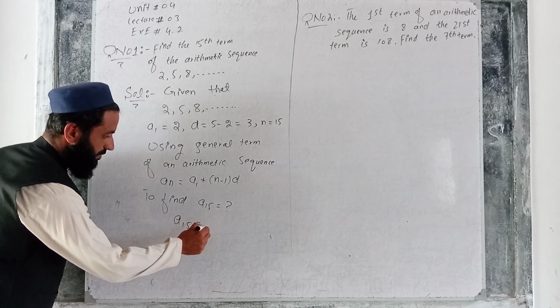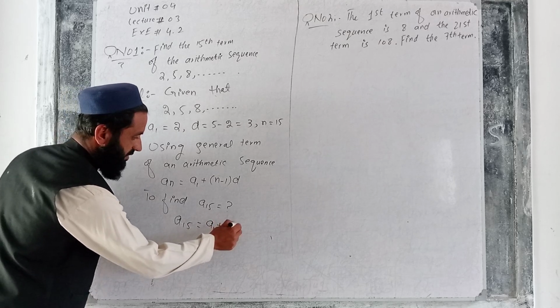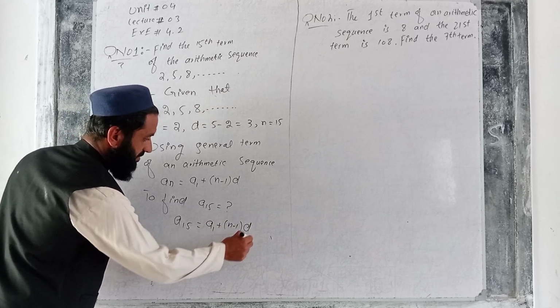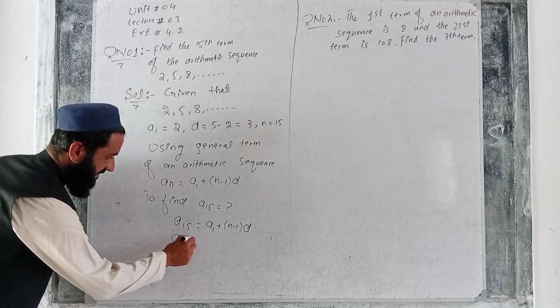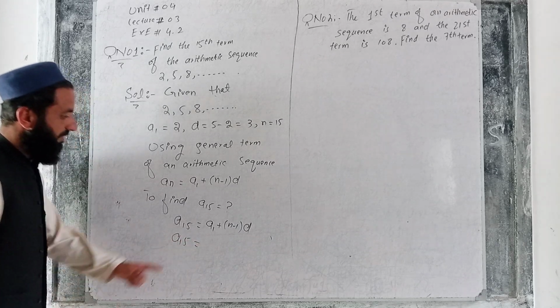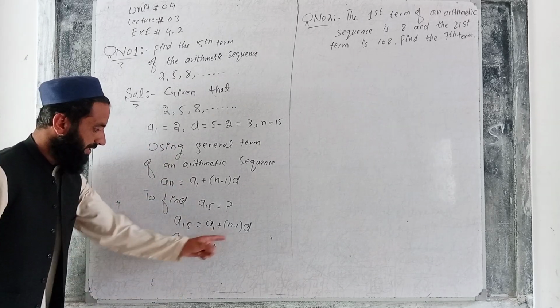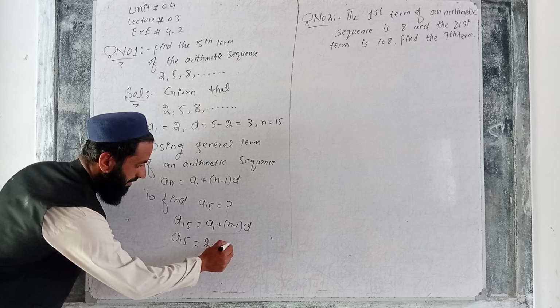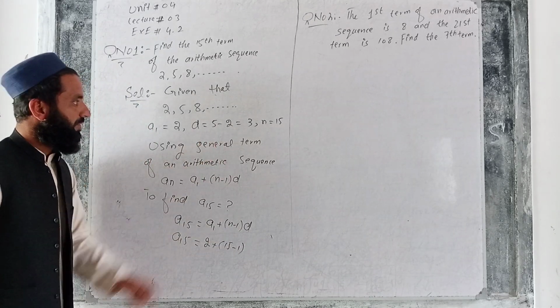A15 is equal to a1 plus n minus 1 into d. Here a15 is equal to, put the value of a1 equal to 2 plus n equal to 15 minus 1 into d equal to 3.